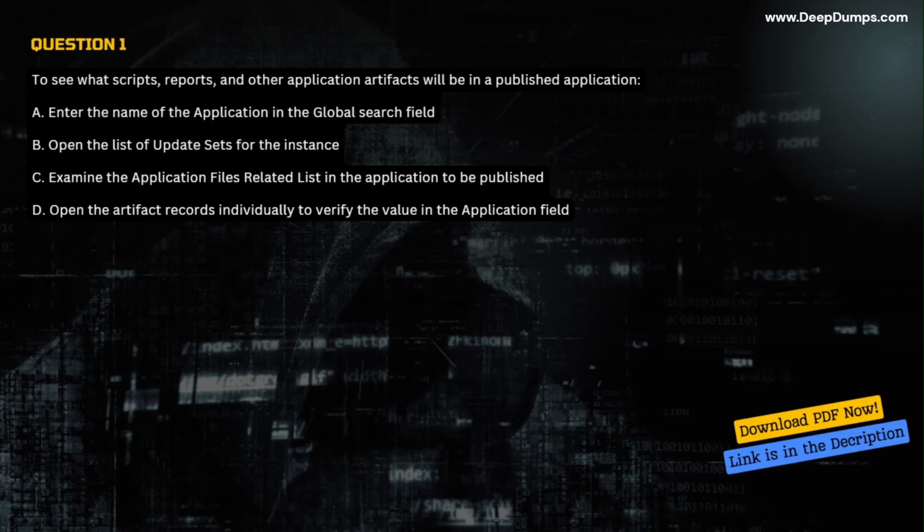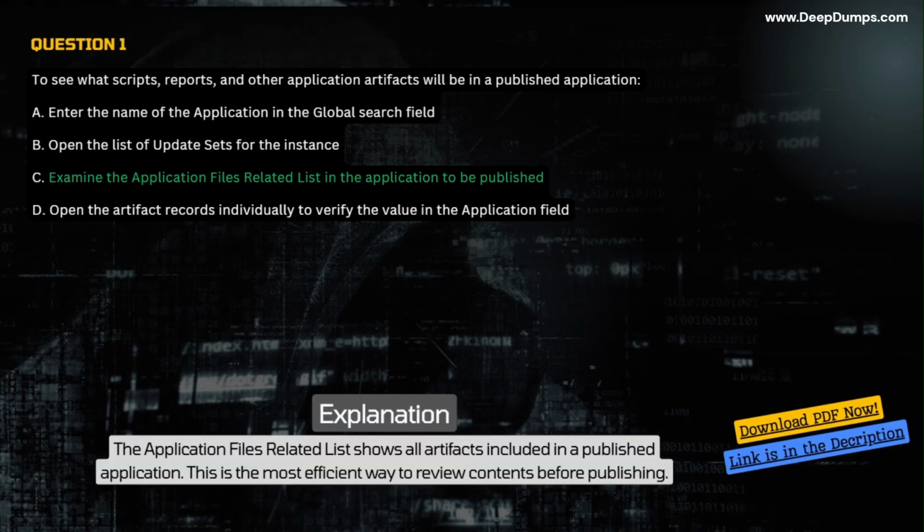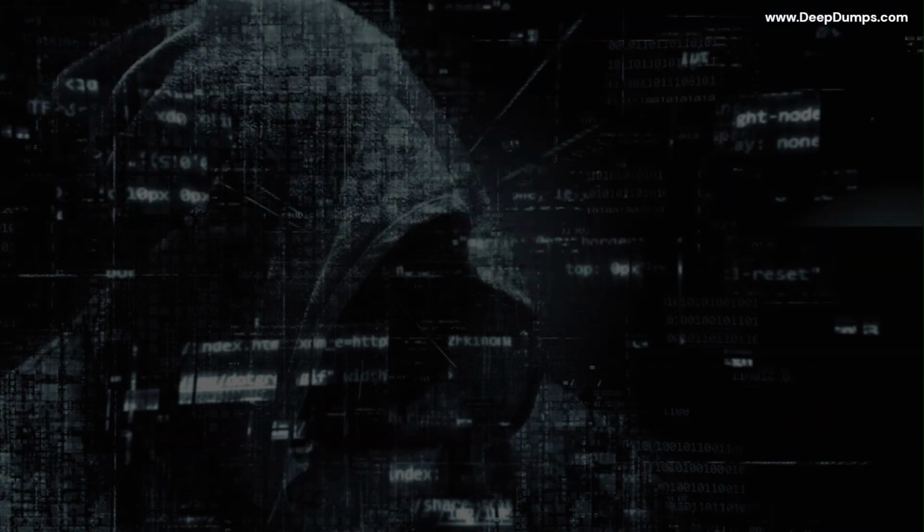D. Open the artifact records individually to verify the value in the application field. Correct answer, C. Examine the application files related list in the application to be published. Explanation. The application files related list shows all artifacts included in a published application. This is the most efficient way to review contents before publishing.